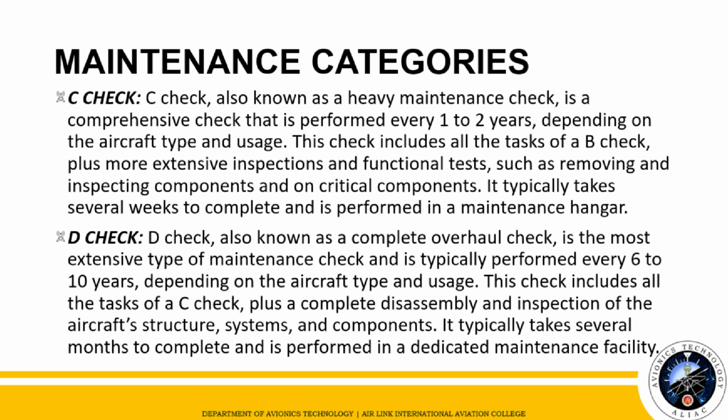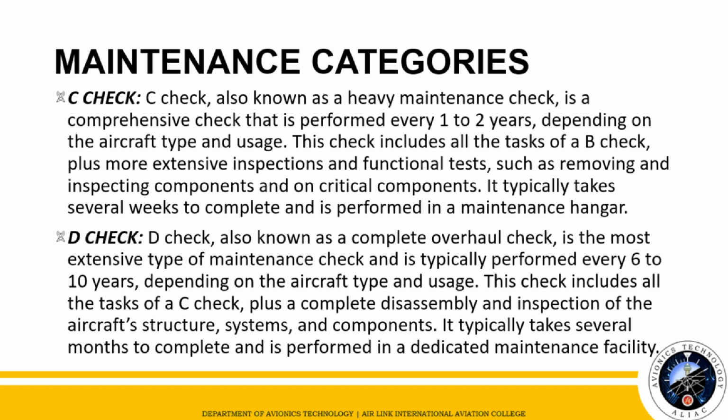This check includes all the tasks of a C check plus a complete disassembly and inspection of the aircraft structure, systems, and components. It typically takes several months to complete and is performed in a dedicated maintenance facility.